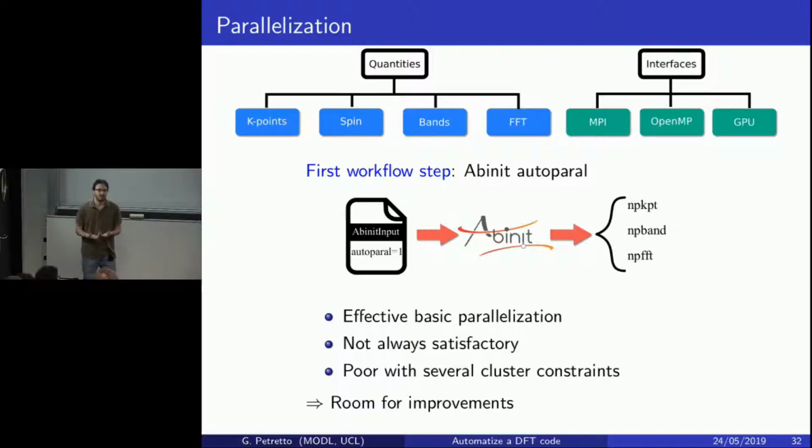And it's Abinit itself, knowing all the parameters it is going to use for the calculation that is about to be executed, that tries at least to give some information about the basic level of parallelization. This is at least the number of K points, the number of FFT grids, the number of bands. These are known at runtime for Abinit and it can try to make some guess.